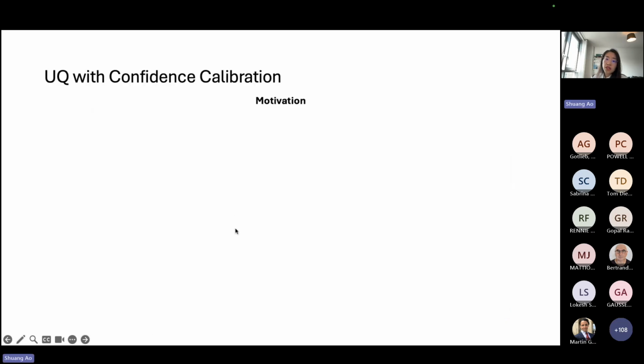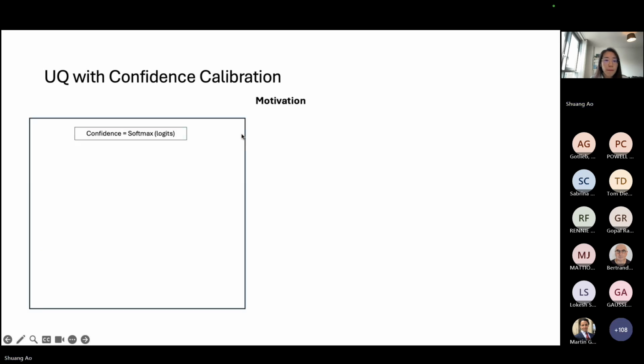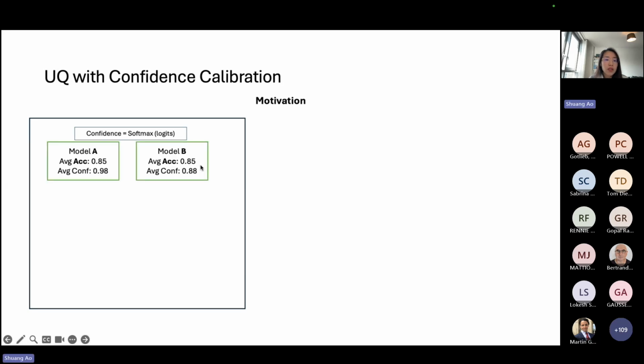My first work is on confidence calibration. Confidence is actually the predicted probability, which means that after you get the logits from the model, you apply the softmax. Let's say we have two models, A and B. For the first one, the average accuracy is 0.85, but the average confidence is 0.98.